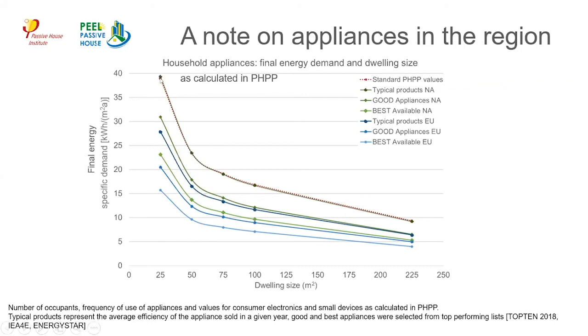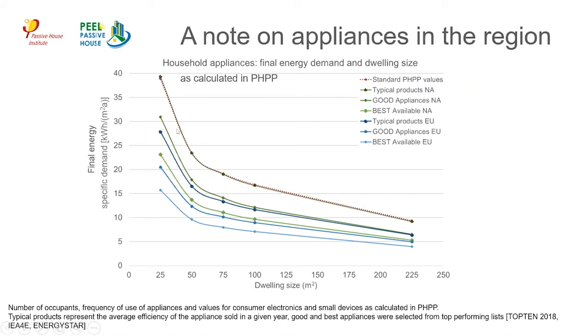The first line that you see is the energy demand in a project. Again, we're looking at the dwelling size, the smaller dwelling size to the left and the larger dwelling size to the right. The line shows how the specific energy demand decreases as the dwelling size increases, but it also shows you the potential for energy savings in your project.